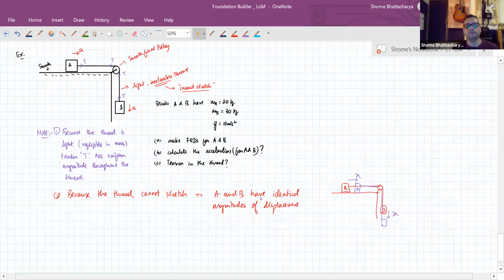So they have to have identical magnitude of displacement. That means they will have identical magnitudes of velocity, and that will mean that they will have identical magnitude of acceleration.